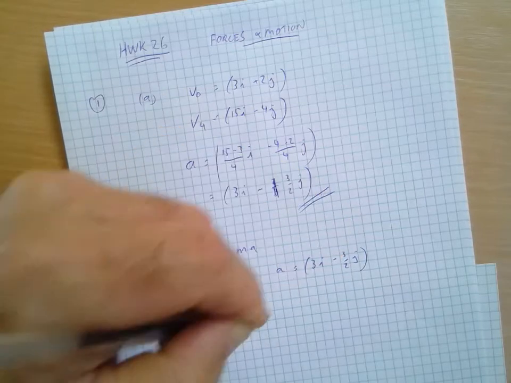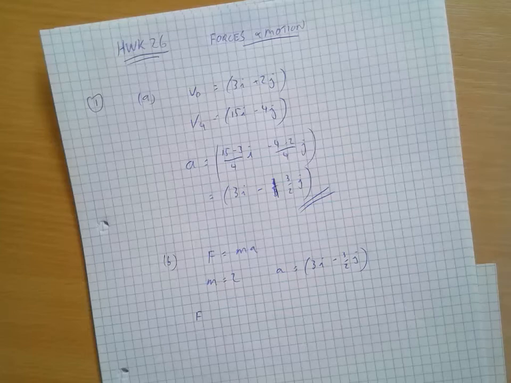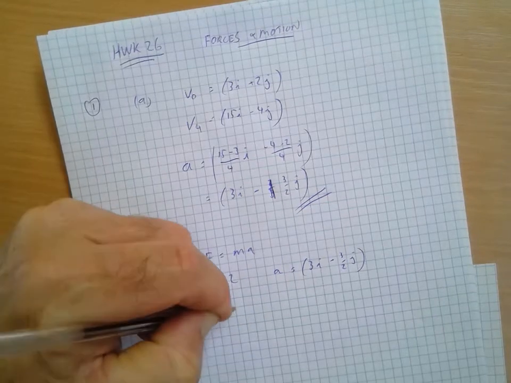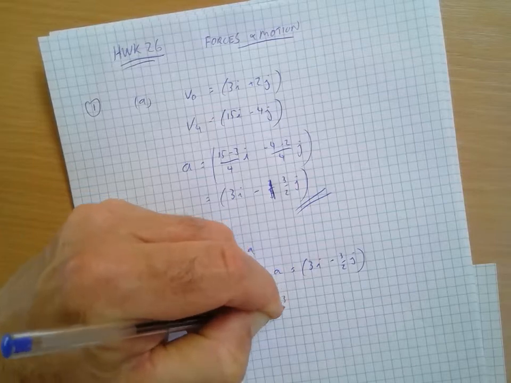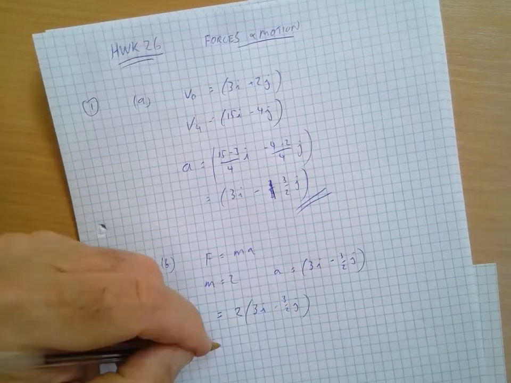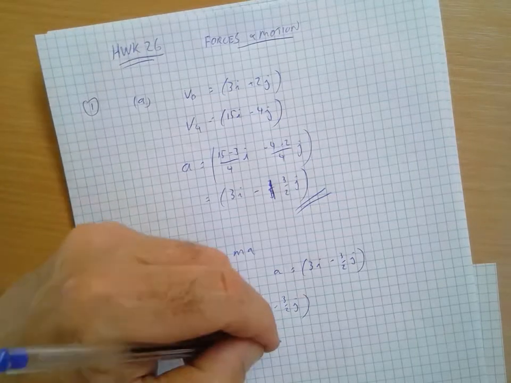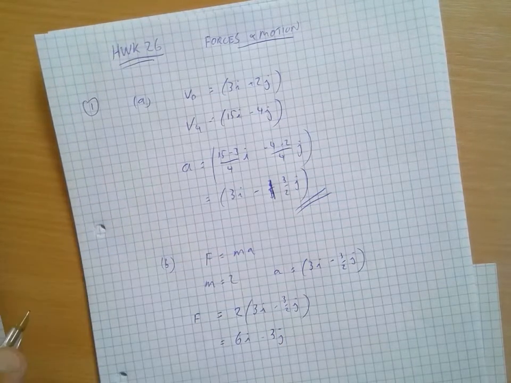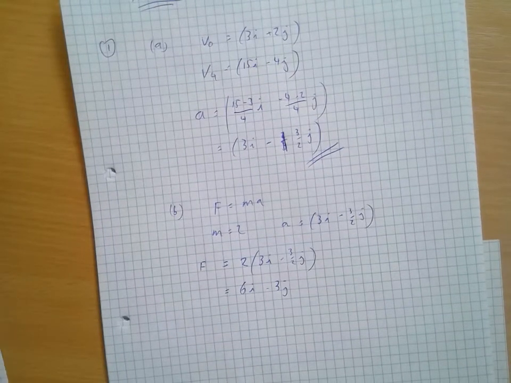So force, which is a vector still, equals 2 times 3i minus 3 over 2j, which is 6i minus 3j.